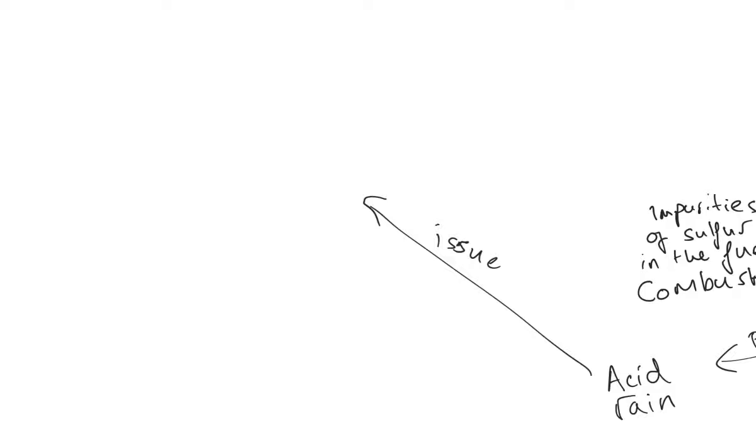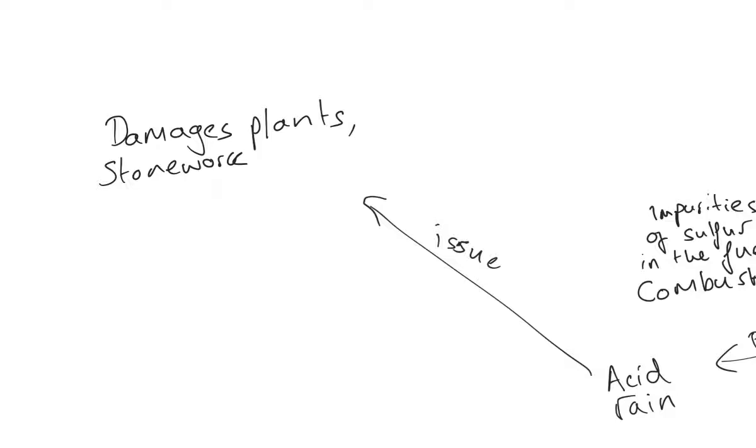Why is that an issue? Well, it damages plants. So the acid on the plants damages the plants, damages stonework, and it can cause changes in pH in aquatic environments.